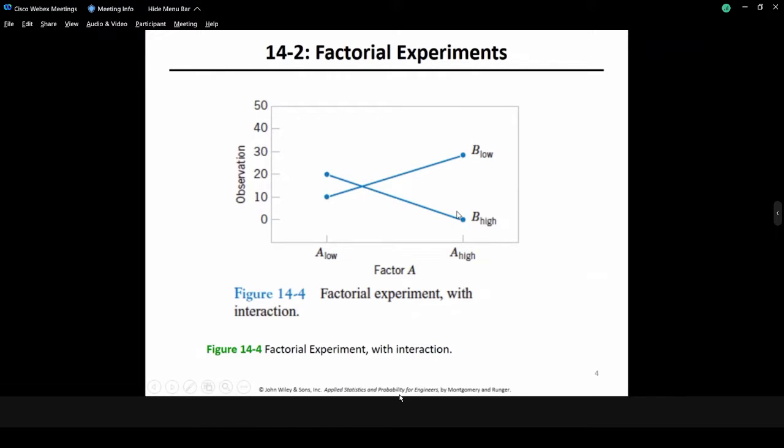This is an example of interaction between factor A and B. As I mentioned, the lines are not parallel, so interaction between A and B exists. You can detect this interaction through ANOVA, where a p-value less than 0.05 means interaction exists, or through graphical analysis, where crisscrossing means interaction exists.